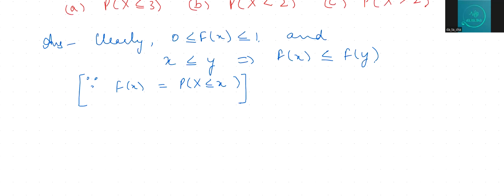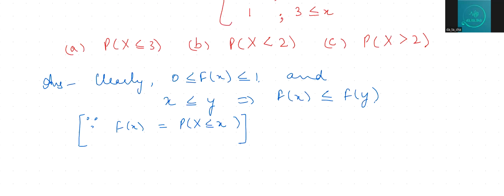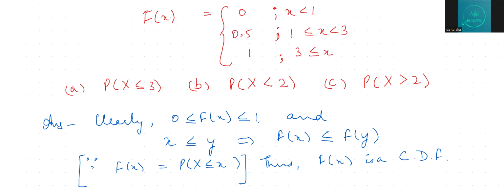Now, F of x is a CDF. How would we determine the probability mass function? See the breakpoints. The breakpoints are x less than 1, and x lying between 1 and 3. That means you need to figure out the probabilities at 1 and 3 only.